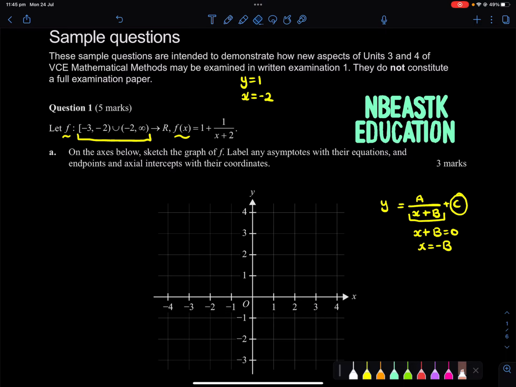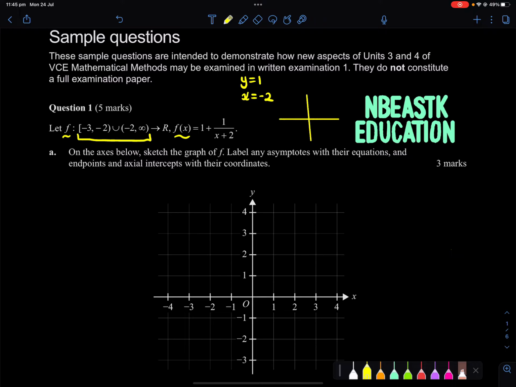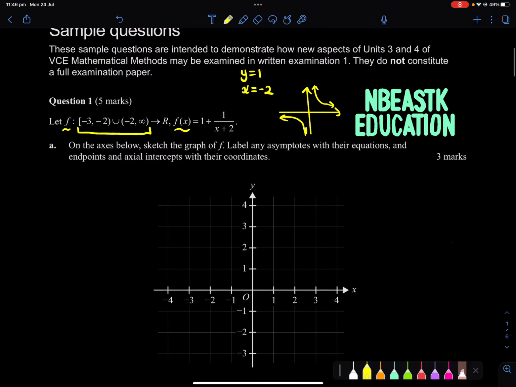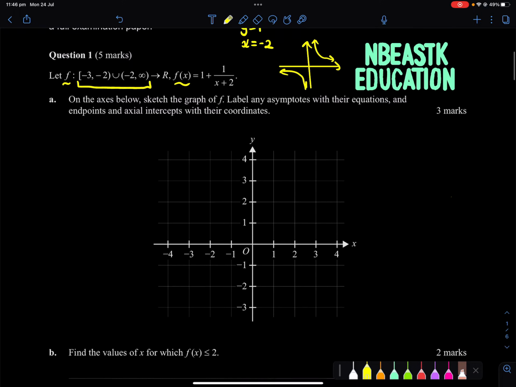These are the features we can take out of a rectangular hyperbola. So what else can we know? Can we predict how the graph looks? Absolutely. A rectangular hyperbola, because we have a positive dilation here, would normally look like this. That's what it would look like. So let's try to put everything together.